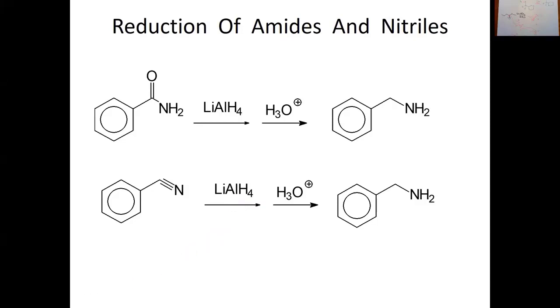So if we highlight these H's in red, those H's are going to end up connected to this carbon through how the mechanism works. The H's from your acid workup here are going to be these H's on your nitrogen, the H's on the heteroatom.